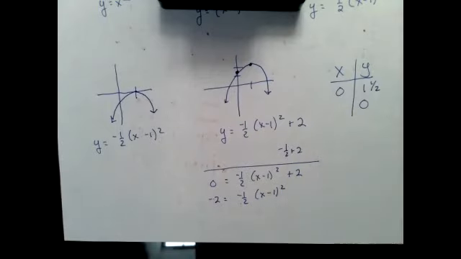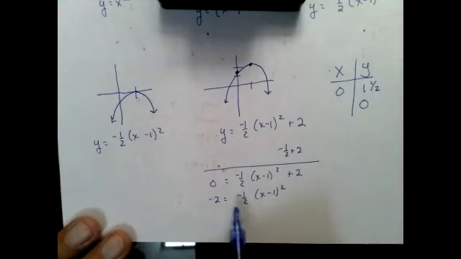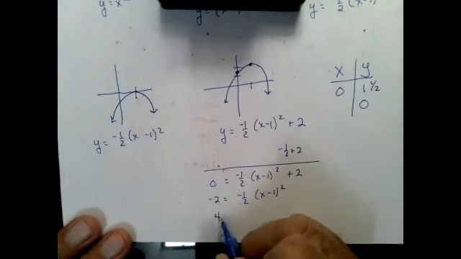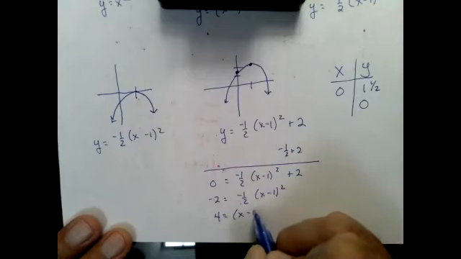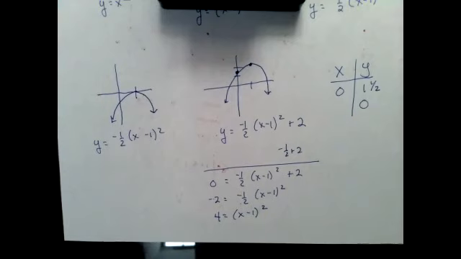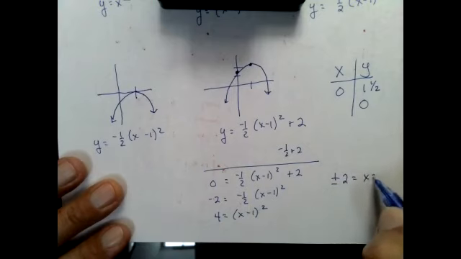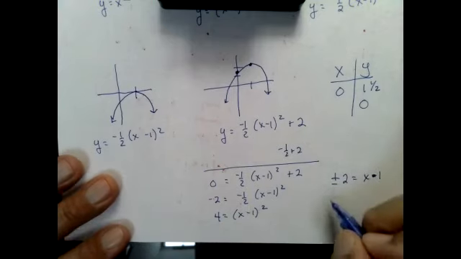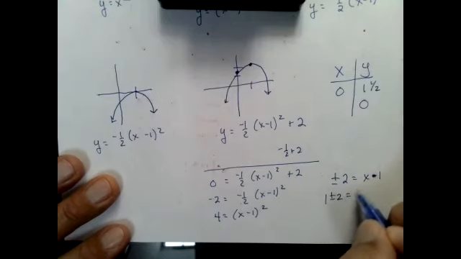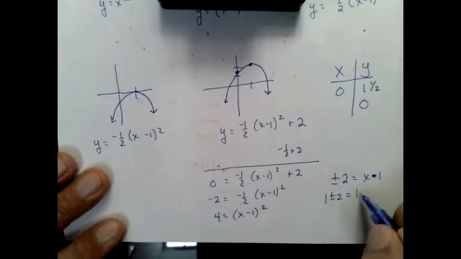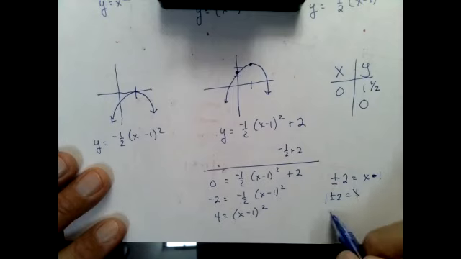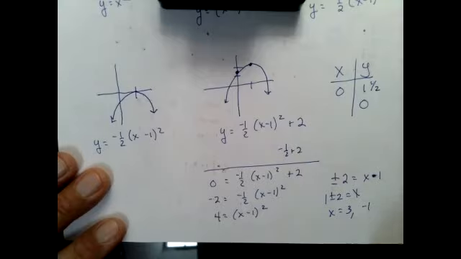Multiply by the reciprocal, -2. So that's now going to give me a +4. Take the square root, I get plus or minus 2, up -1, and add 1. 1 plus 2, x equals 3. 1 minus 2, x equals -1.